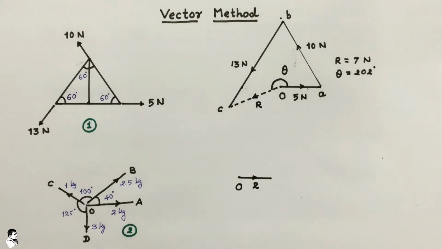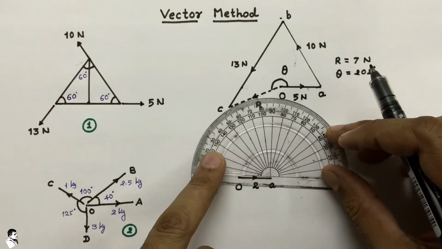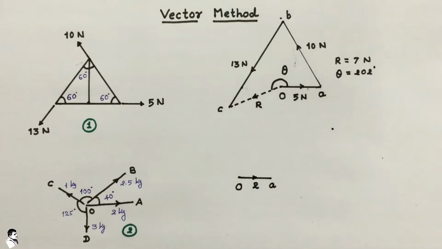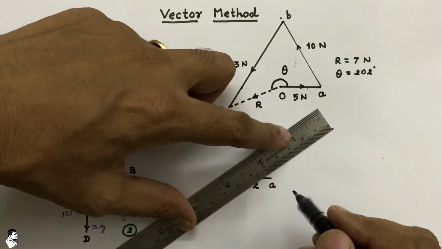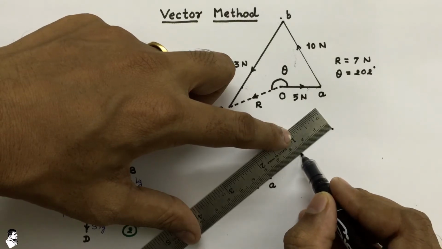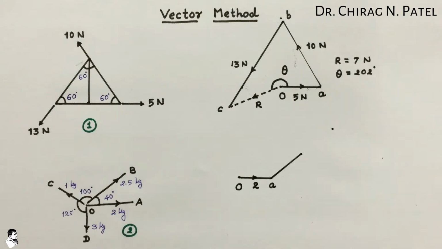Then the second force is in this particular direction, and that is 2.5 kg. We can name this point A. Now again taking an angle of 40 degree and a measurement of 2.5 kg, that means 2.5 centimeter, we draw a line in the particular direction of the given force.